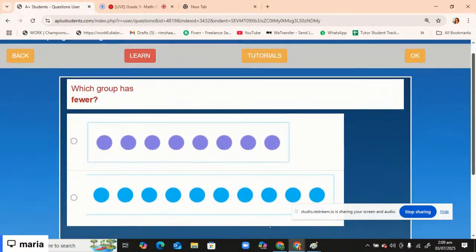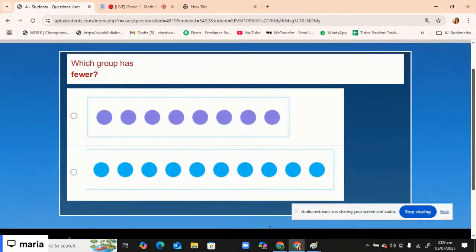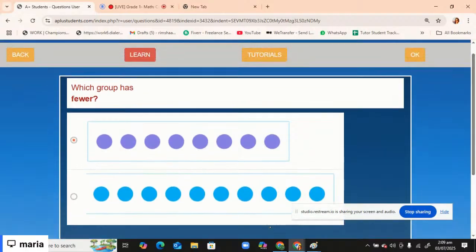Everyone, tell me the answer of this one. Which group has fewer? Blue, that is given, the dark blue color and then the sky blue color. Which one is more and which one is fewer? Because in the question they are saying which group has fewer. So fewer is option one. Very well done.